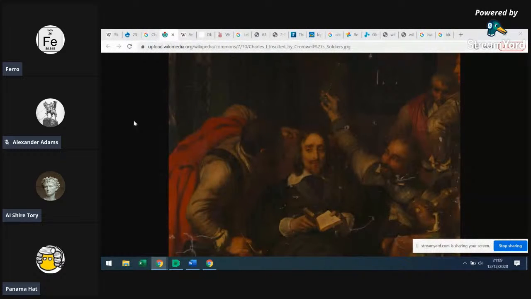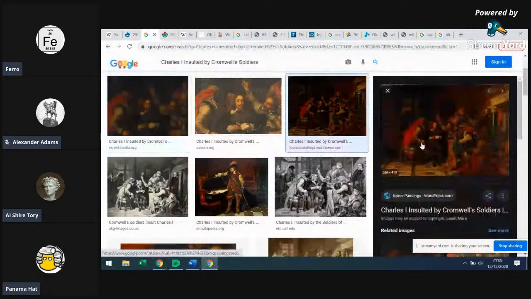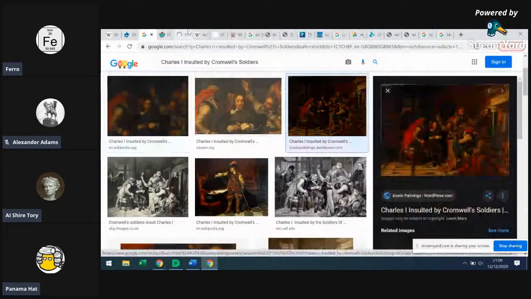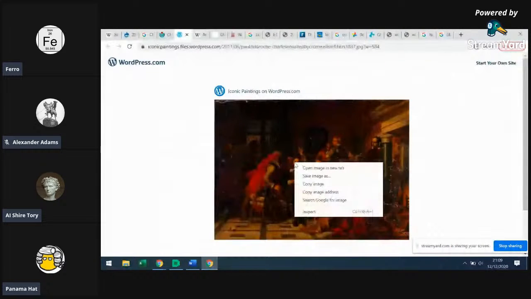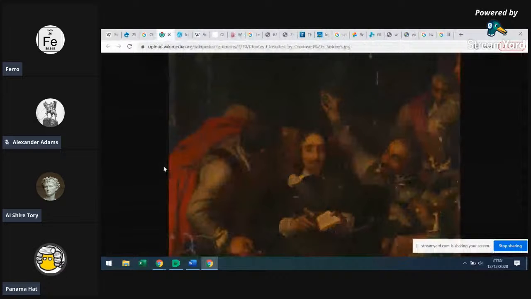This is not the full picture, this is a detail from it, the clearest one I could find. It's interesting because it's slightly more interpersonal than most paintings of someone like King Charles I.